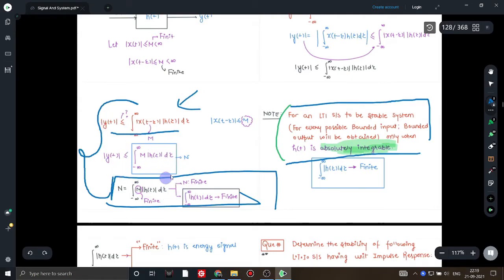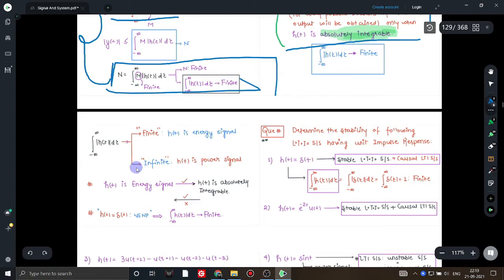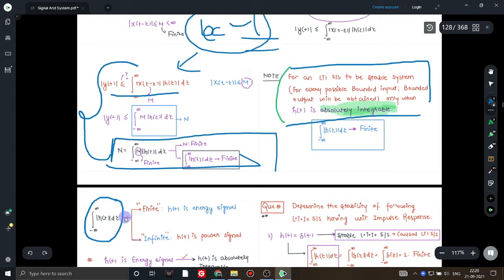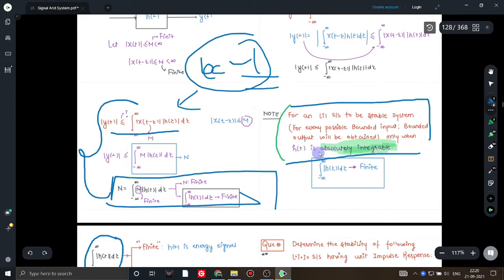We have already discussed all of these terms earlier, so please go through my lecture number 1. So now this is the condition of absolutely integrable. The function is absolutely integrable.